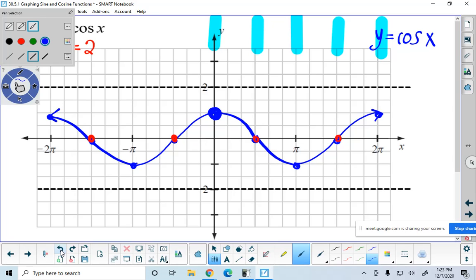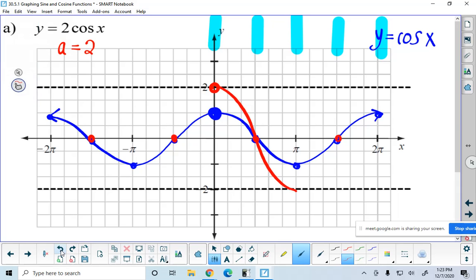But since we've been stretched vertically by a factor of 2, the start point is up twice as high. It's still going to go down to the middle in a quarter, down to the bottom in the next quarter, up to the middle in the next quarter, and up to the top in the last quarter. All this number in front does is create a bigger maximum and a bigger minimum.